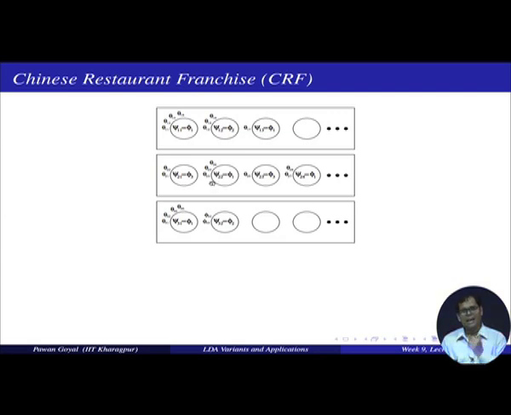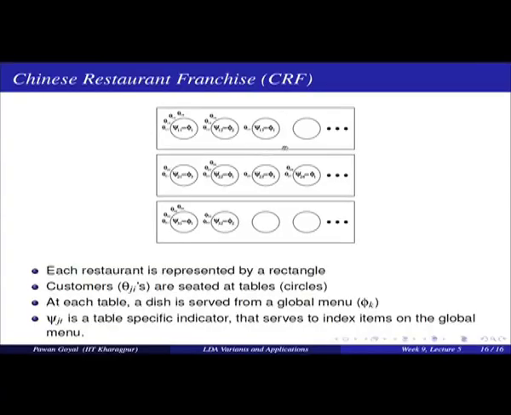Now similar to LDA, when a customer chooses a dish, it will see what the other customers have chosen. That's where the coupling comes in: the words will be assigned similar topics across the different restaurants. So you are seeing each restaurant is modeled by a rectangle, each customer is seated at the tables, and at each table you are serving a dish from a global menu.